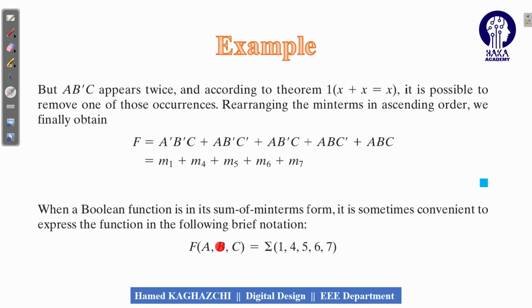We use the symbol of the summation and write the index of each minterm inside the parentheses: 1, 4, 5, 6, 7. And this 1, 4, 5, 6, 7 represents that in the truth table, in the first, fourth, fifth, sixth, and seventh combination, we will have 1. In the rest, we will have 0.